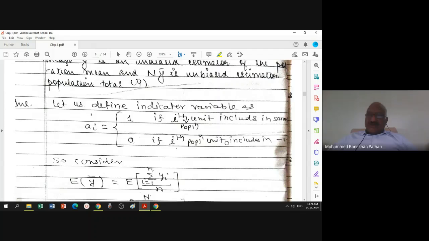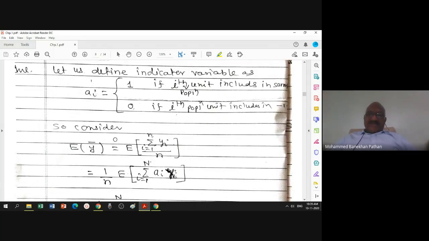Here it should be "not". So if it is included, ai will be 1. If it is not included, it will be 0. That means it indicates whether the element comes in the sample or not. That's why it is called an indicator variable.